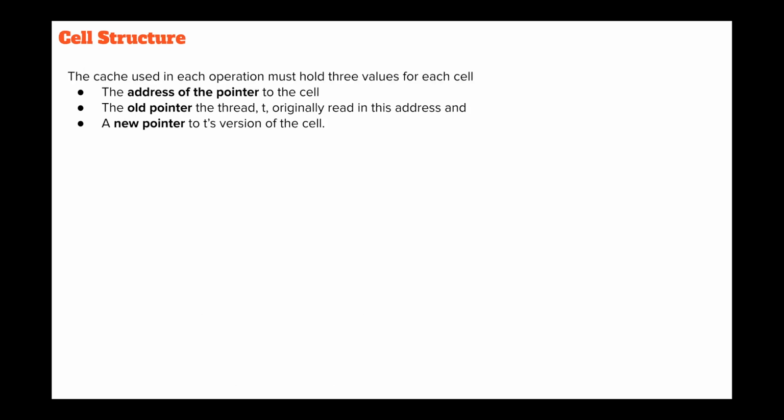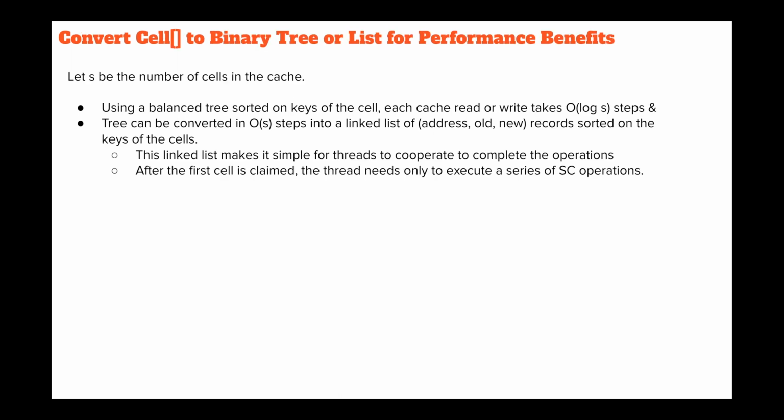The cell structure is essentially three items. One is the address pointer of the cell. The second is the old data pointer, and the last one is the new data pointer. We'll be covering that in the subsequent slides.